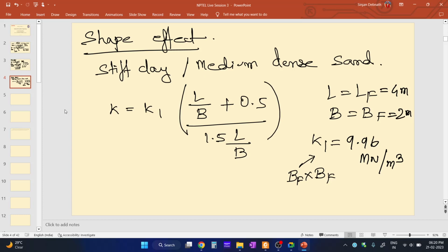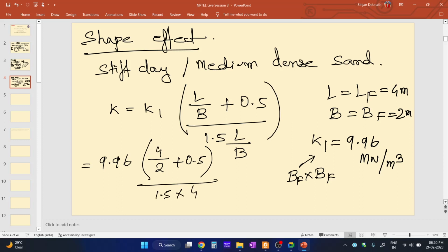Now if we incorporate all these values in this equation, we get K1 is 9.96. L is 4 meter, B is 2 meter, plus 0.5 divided by 1.5.